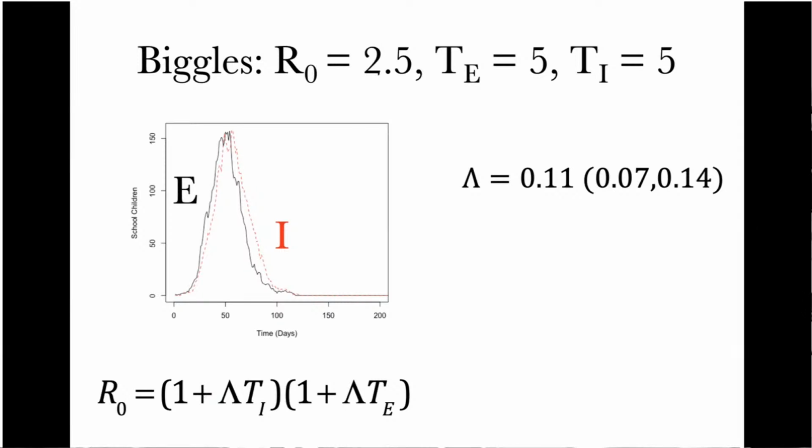This then should become the R naught that you use when you have an additional level. When we do that, we substitute the same value, but the R naught formula now has two components. The first component is for the infectious, and the second component is for the exposed. And you're able to get back an unbiased R naught.